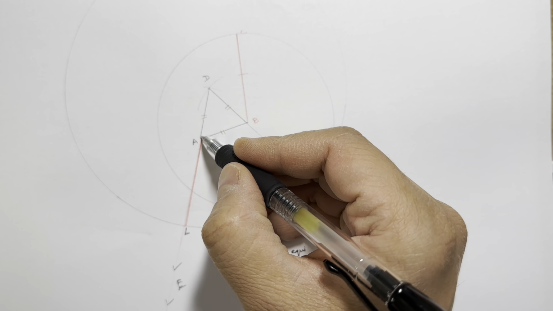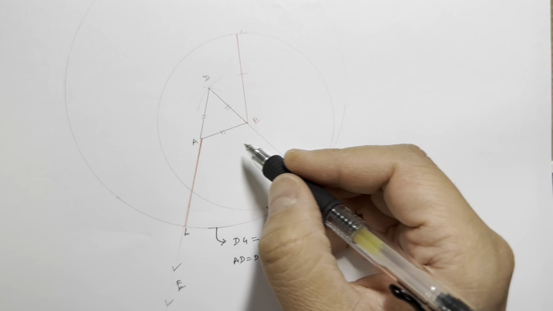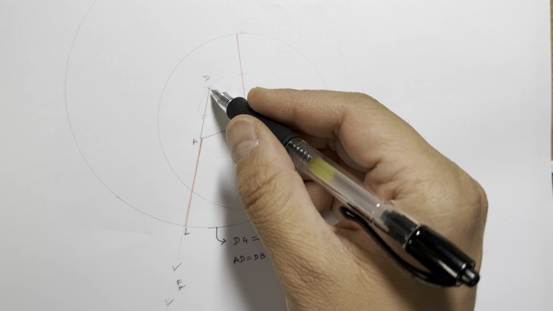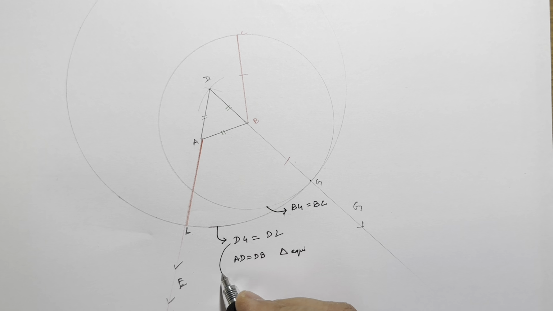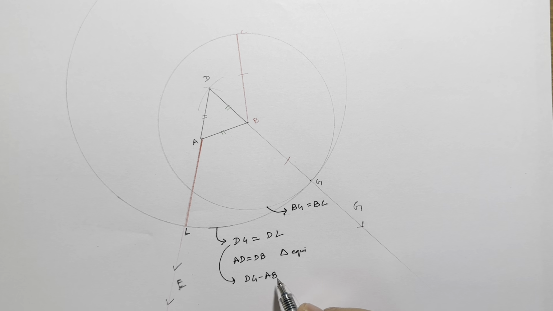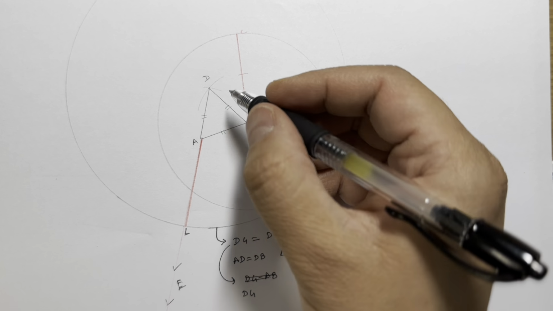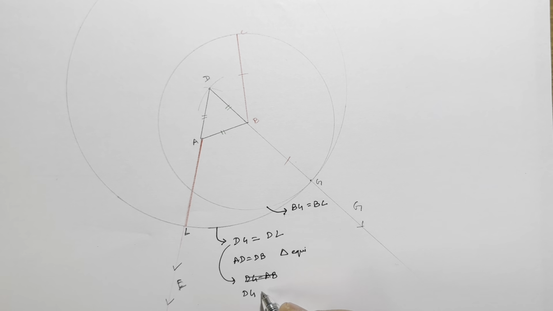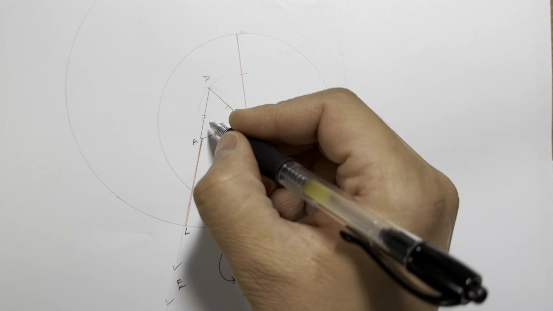So we subtract AD and BD from DL and DG. So this step we do DG minus DB is equal to DL minus AD.